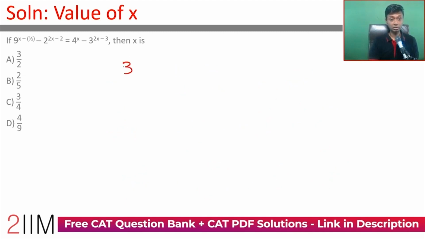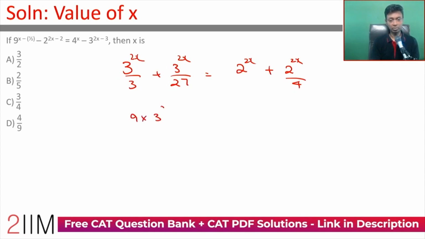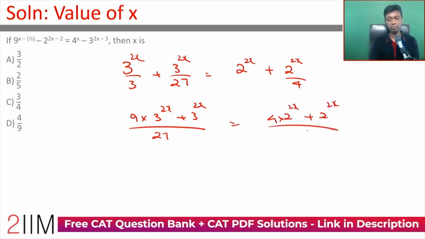I'm going to bring the 3 powers to one side, 2 powers to one side, see where that takes us. So 3 power 2x by 3 plus 3 power 2x by 27 equals 2 power 2x plus 2 power 2x by 4. And so this is 3 power 2x by 3 plus 3 power 2x by 27 equals 2 power 2x plus 2 power 2x by 4. 3 power 2x into 10 by 27 equals 5 into 2 power 2x by 4.